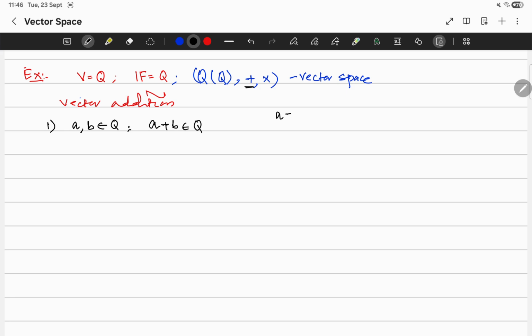For example, if a is equal to p by q, b is equal to r by s, then p by q plus r by s will be equal to (ps plus rq) divided by qs, and here q is not equal to 0, s is not equal to 0, implies qs is not equal to 0.